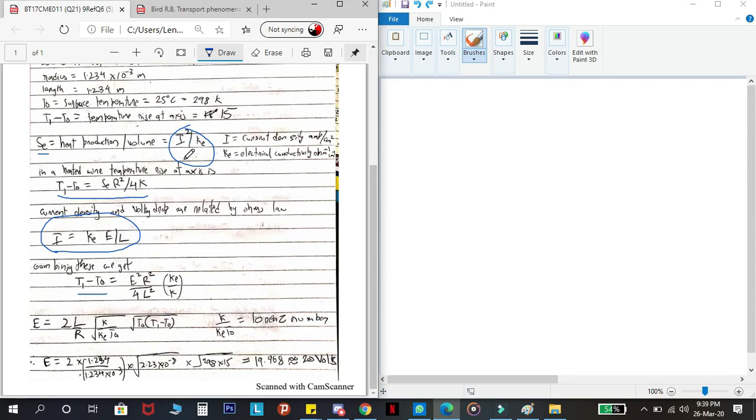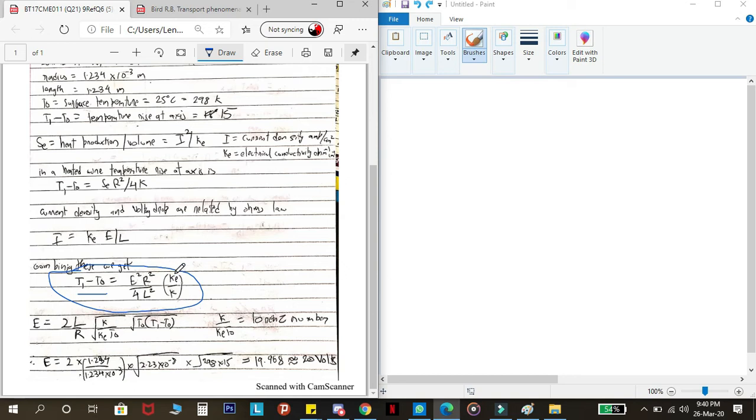Now, combining this equation and this equation, we get this equation over here, which relates the rise in temperature to voltage.